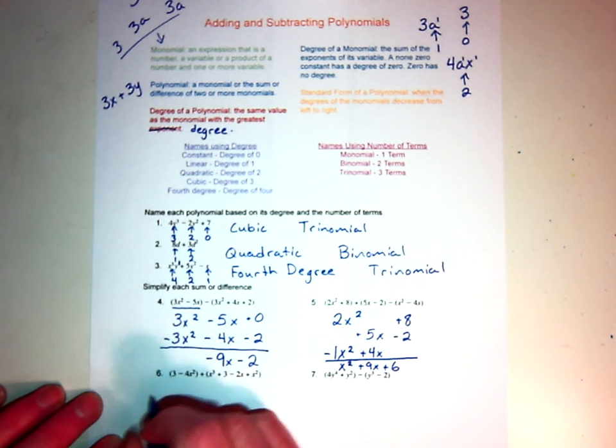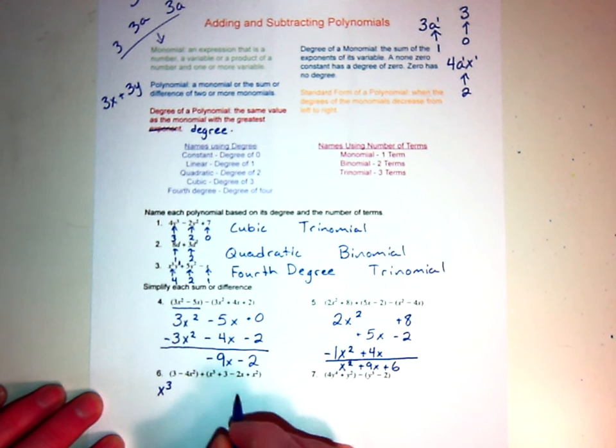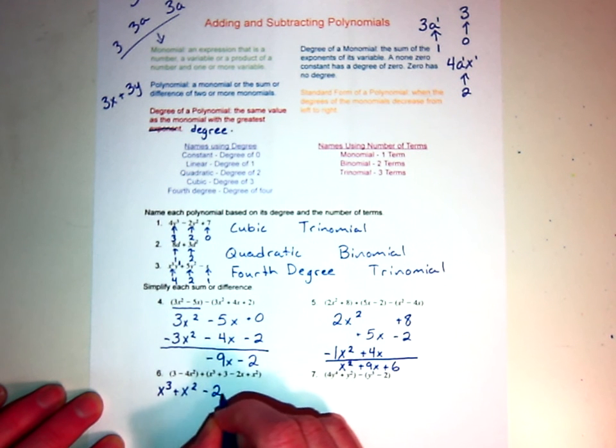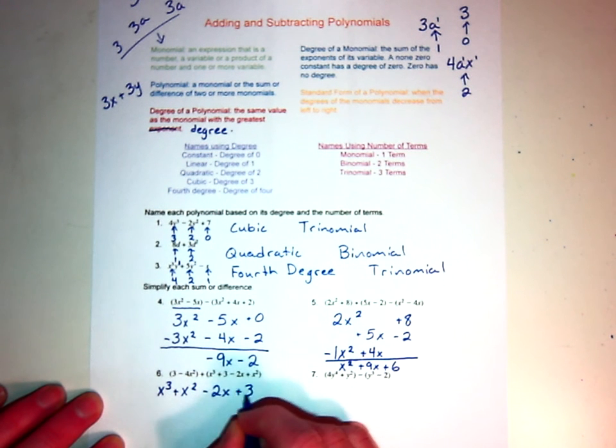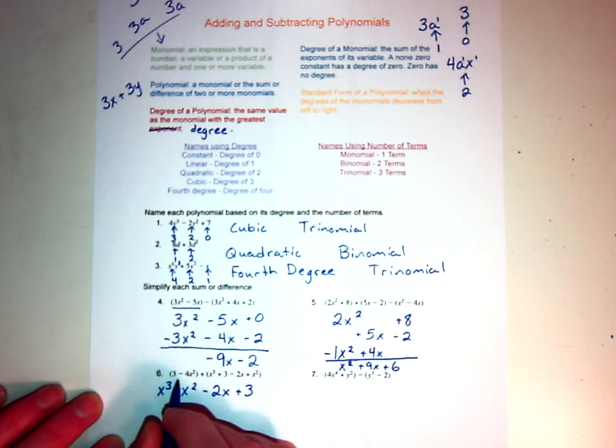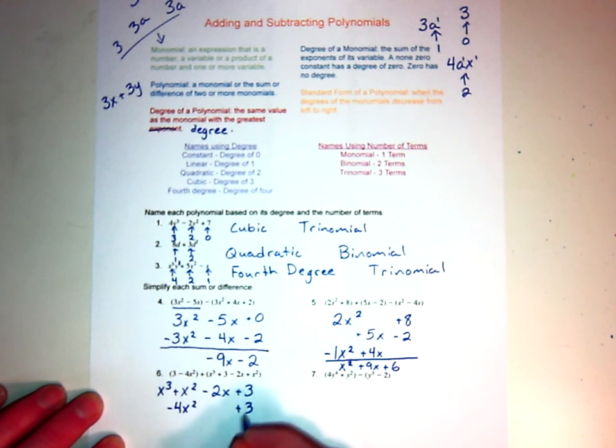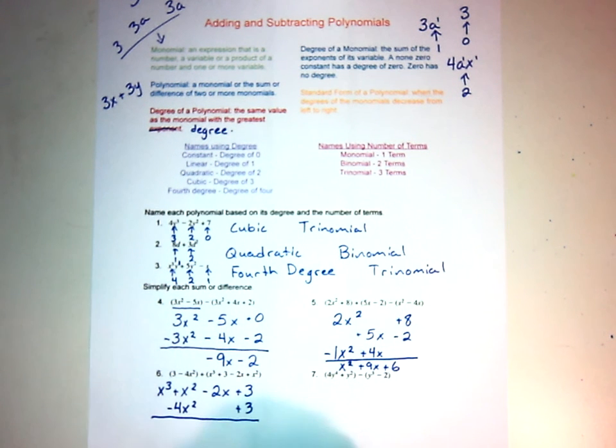So x to the third, that's my highest degree. X to the second, so it's positive x to the second. Negative 2x plus 3. And then over here I've got negative 4x to the second power, and it's positive 3. So I write those out. I'm lining up my like terms.